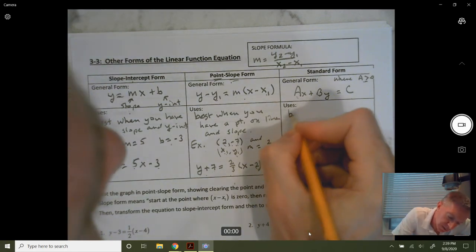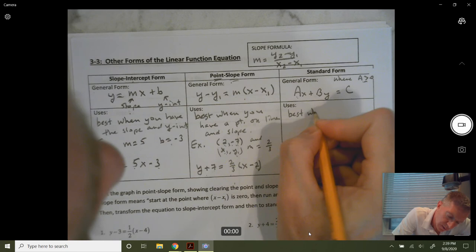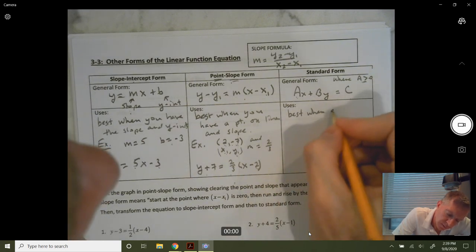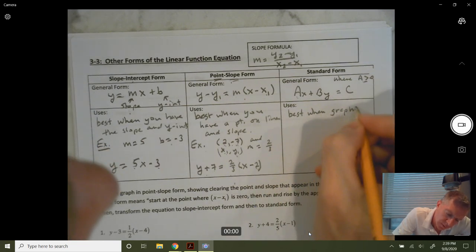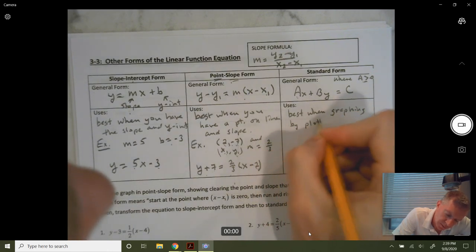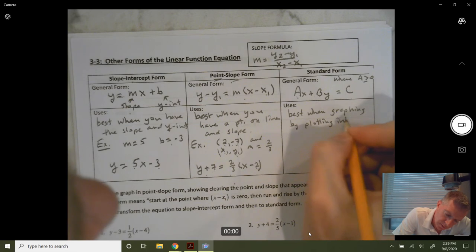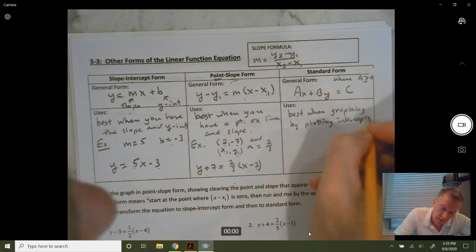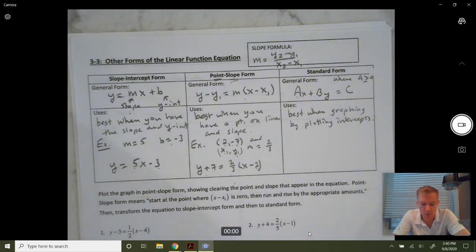It's best when you're graphing by plotting your intercepts. By intercepts, I mean the x-intercept and the y-intercept.